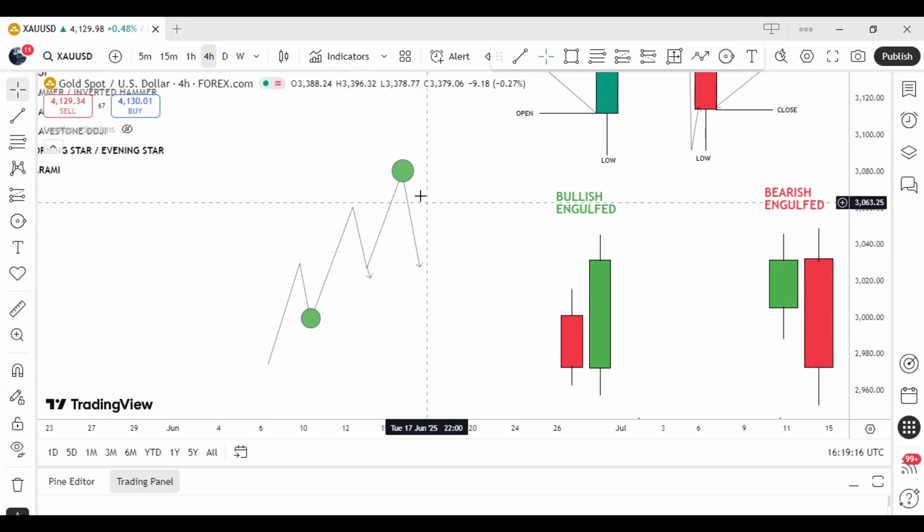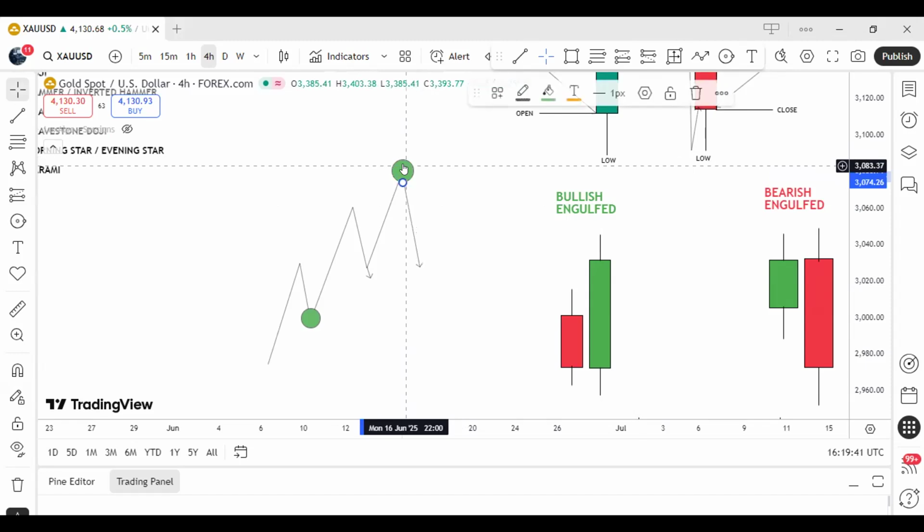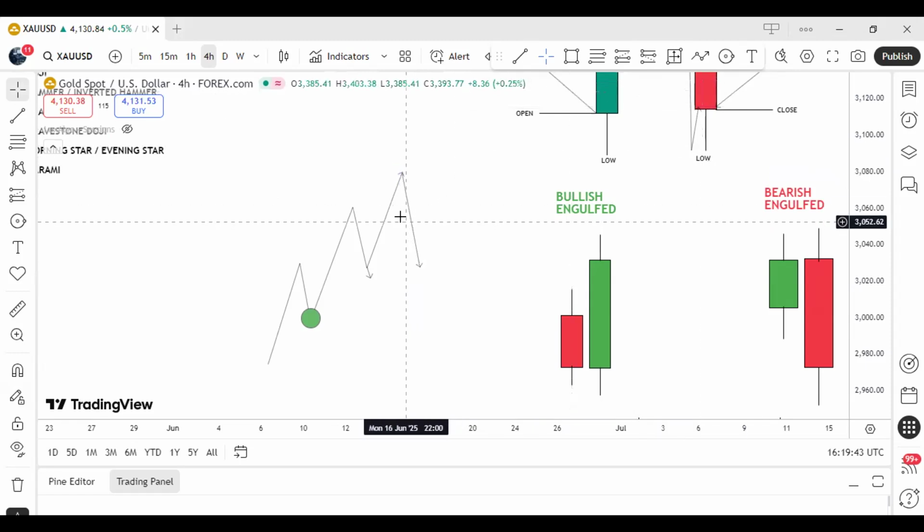Do you understand? All right. So they can be used in both ways: in a pullback, to know when the pullback is likely to be over, and also when the trend is likely to come to an end or the pullback is likely to turn into a reversal to the downside. So the bullish engulfing is actually a buy signal.